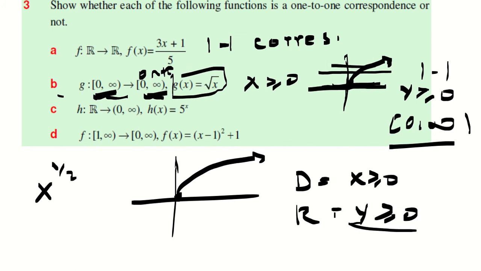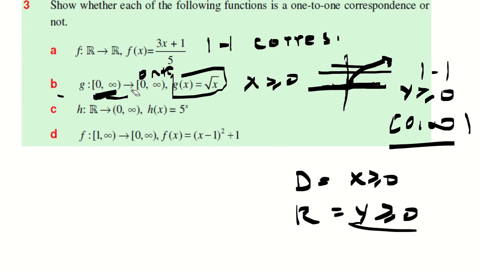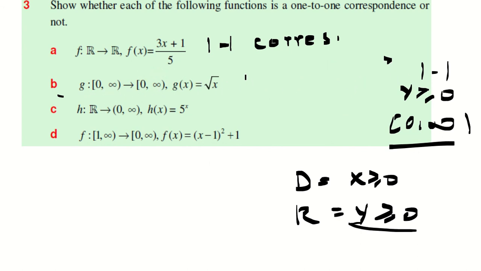And one-to-oneness we can check by a horizontal line on the graph. It will be crossed just once. So it is both one-to-one and on-to. We can conclude that the second function is also a one-to-one correspondence.